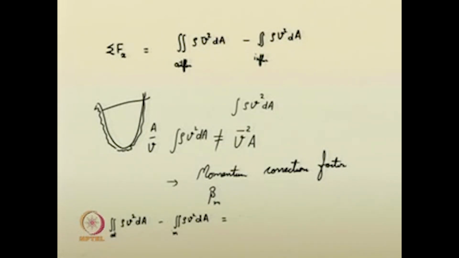This can now be easily written as minus beta m rho V 1 bar, that is the average velocity in section 1, V 1 bar squared into A 1 plus beta m rho V 2 squared A 2.